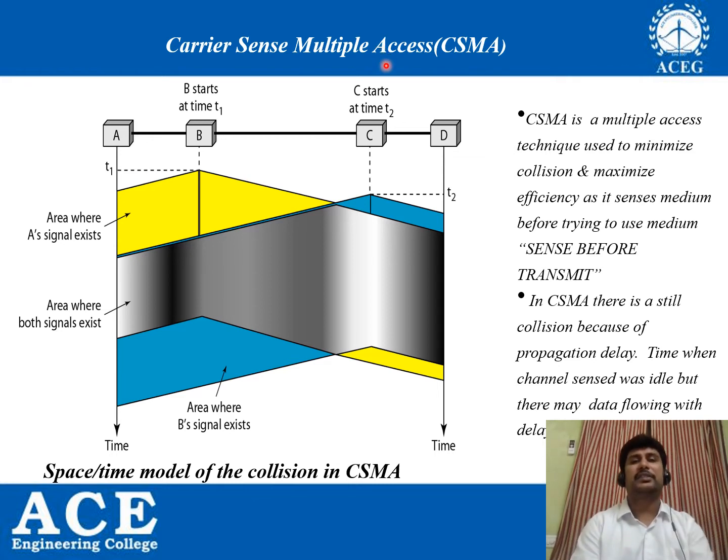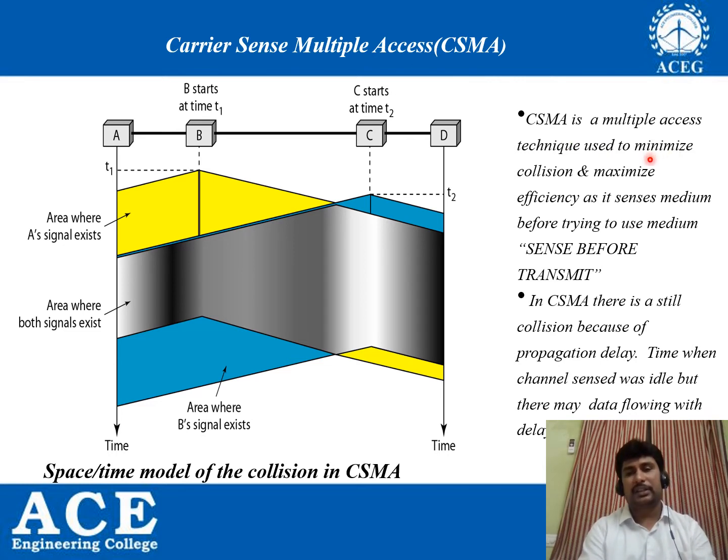But in both cases, we are not trying to find out if the channel which we want to use to send the data is available or not. That particular function of sensing a channel before transmitting is called carrier sense, and it is used to transmit from multiple devices on the same channel. So it is called carrier sense multiple access, in short CSMA.